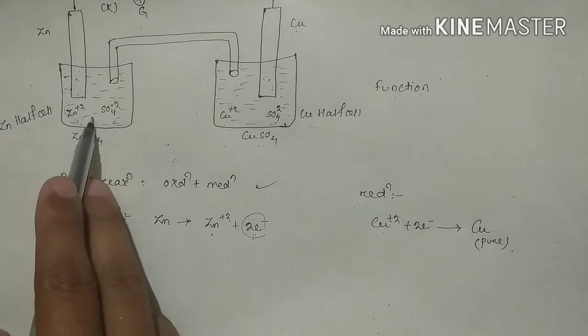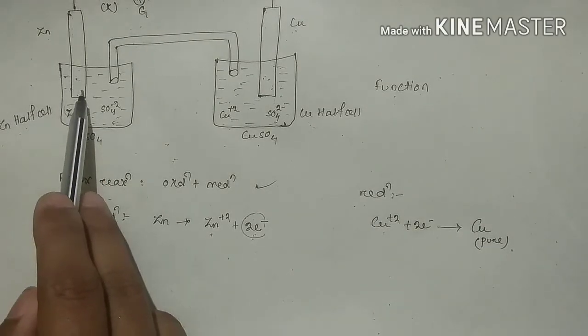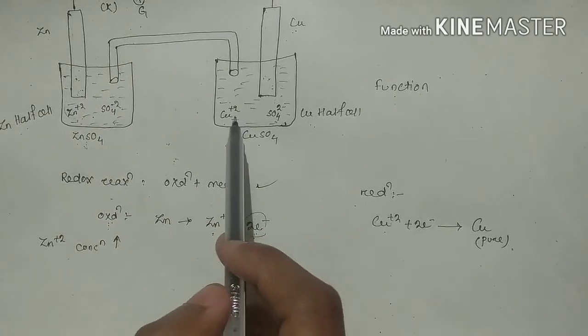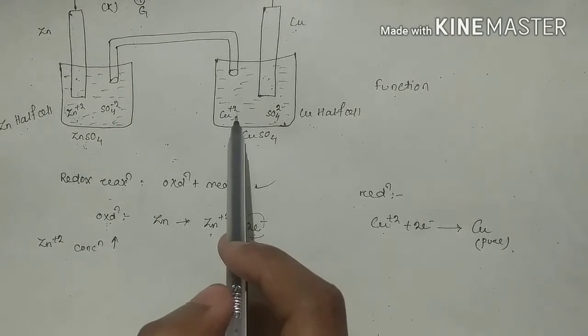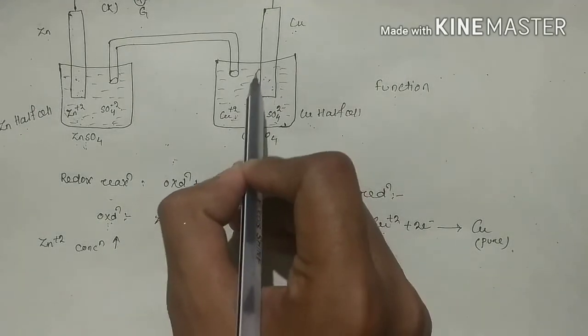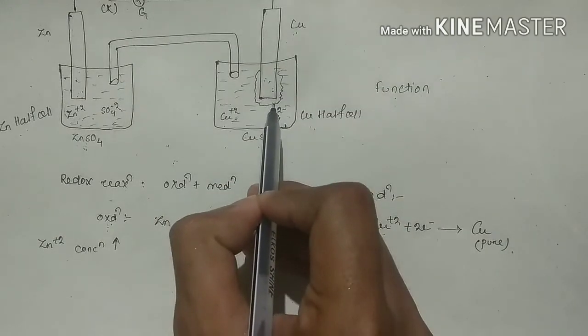So the electrons removed by the oxidation reaction are accepted by the copper ions in the copper sulfate electrolyte, and they form pure copper, which is deposited at the copper electrode.